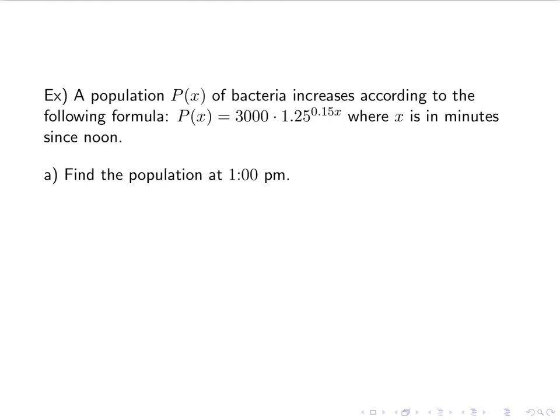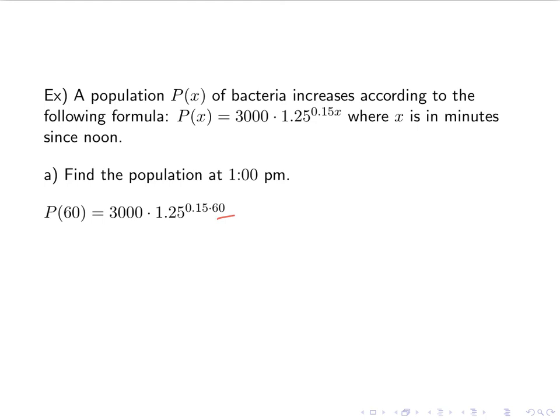You got to remember what x is in. So x is minutes since noon. If it's 1 p.m., how many minutes has it been since noon? Well, I know it's been 1 hour, but I want minutes, so that's 60. So I want P of 60, so I'm going to plug in that x is 60.